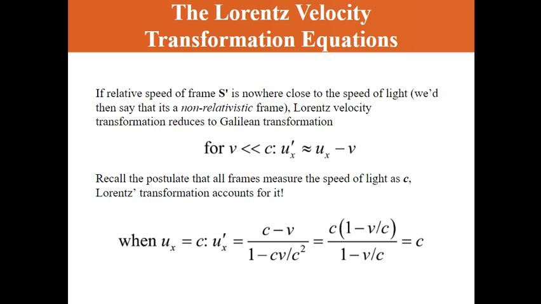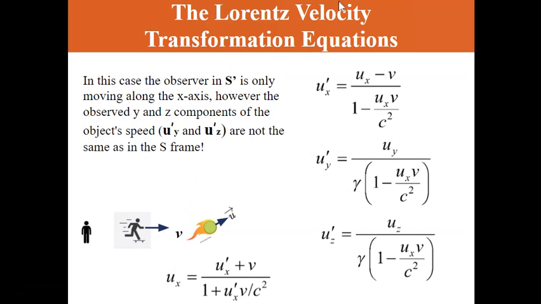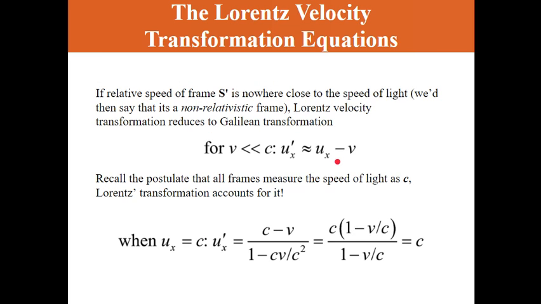So if you go back to your velocity transformations here, but frame S prime is moving with a speed much less than the speed of light, then roughly the denominator in all of these just goes back to 1, and you end up with the classical formulas again. So it's not really something we worry about in everyday life, in everyday physics.